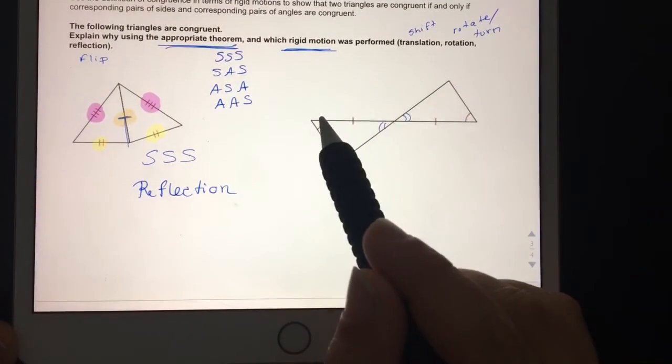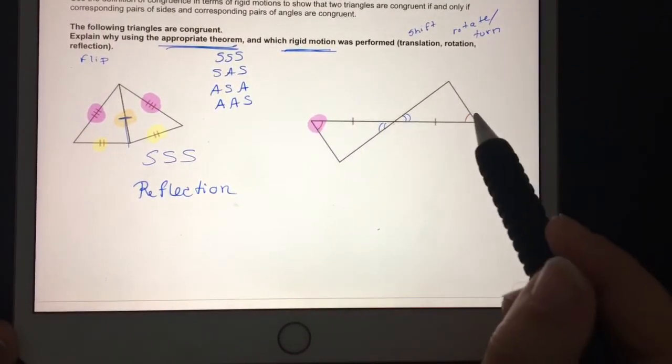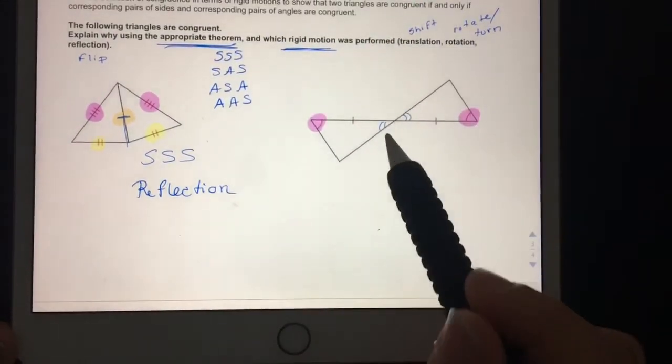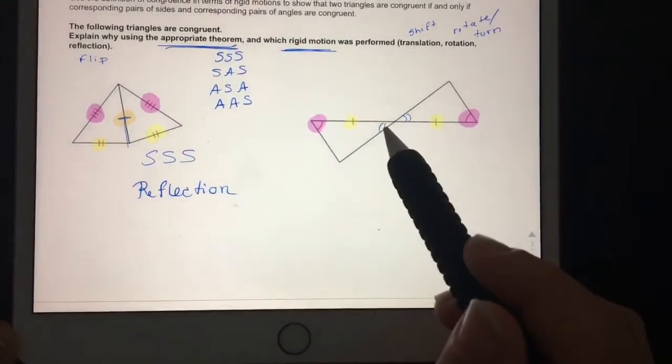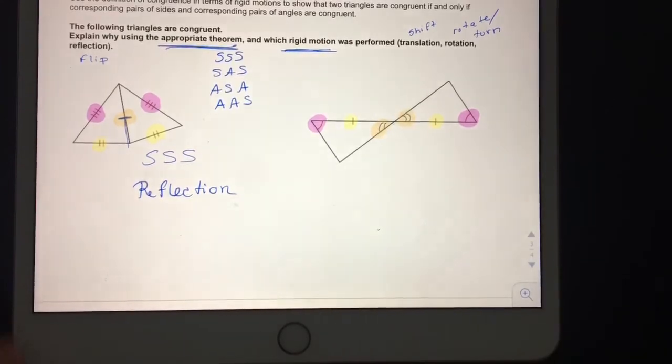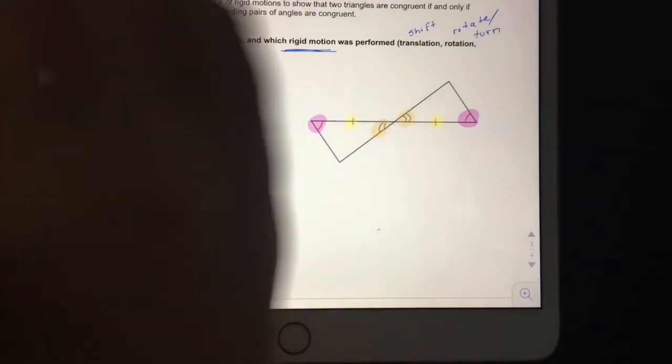So we have an angle marked with 1 arc on each triangle. We have a side with a tick mark on each triangle. And then these vertical angles in each triangle are congruent.